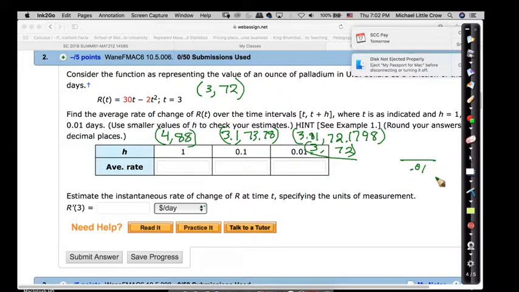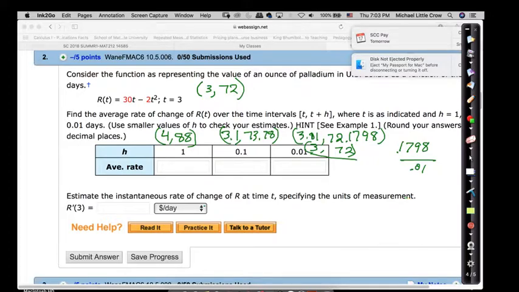That's the change in x. The change in y, 72 point all this stuff, minus 72, is going to give us 0.1798. So if I take 0.1798 divided by 0.01, this should give me the slope of that secant, but those points are now so close together, only a distance of 0.01, that it's going to be close enough to estimate the slope.